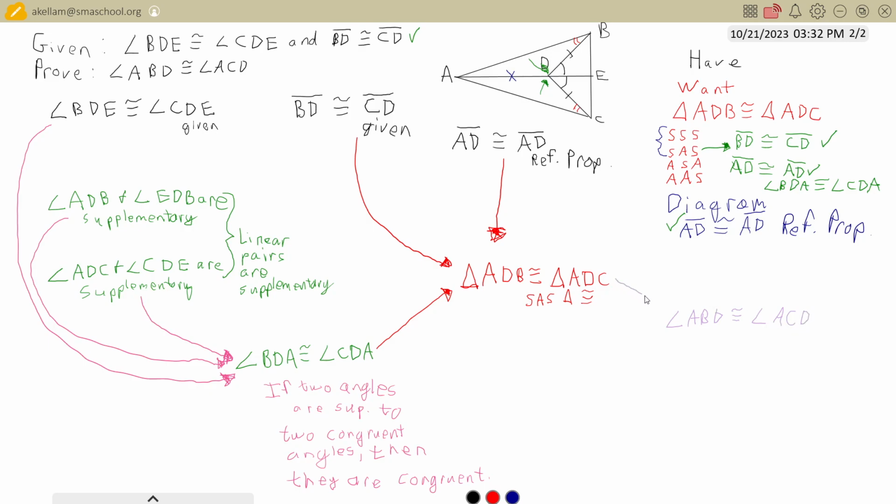That comes straight from my congruent triangles. And the reason is that corresponding parts of congruent triangles are congruent.